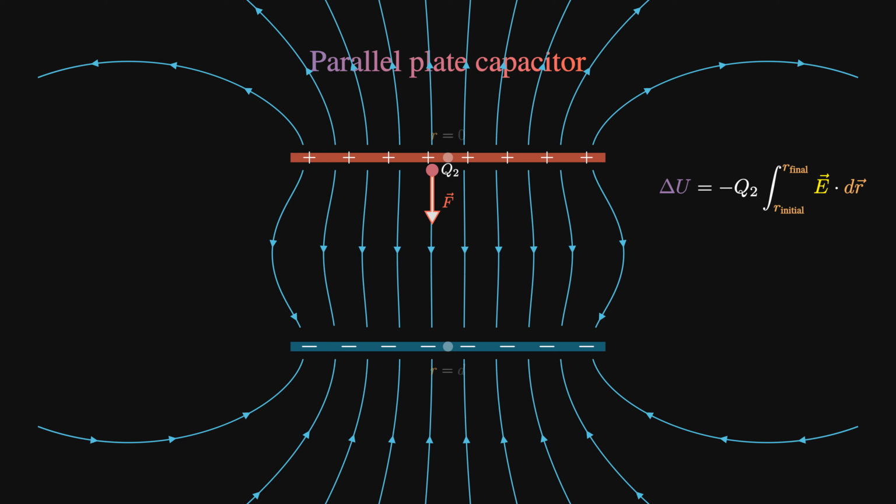We'll say that the position of the positive plate is R equals 0, and that the negative plate is at R equals D, which is just the distance between the plates.